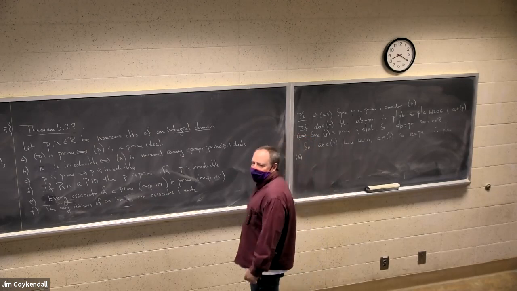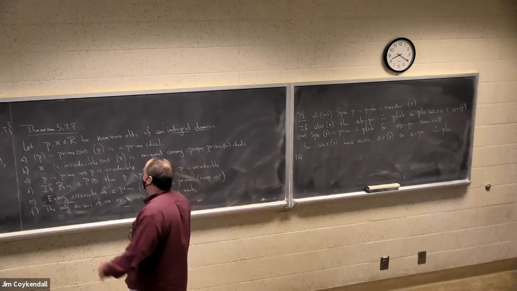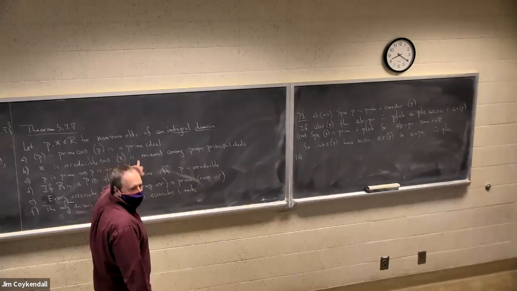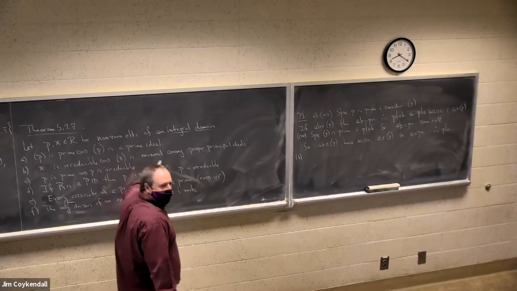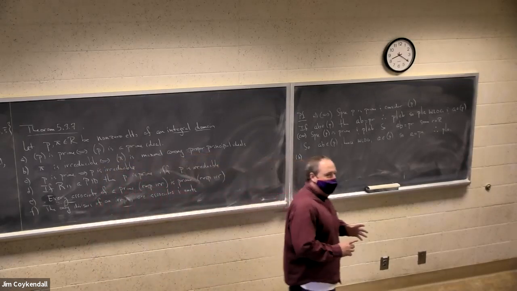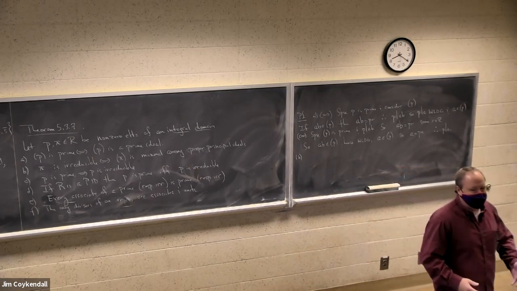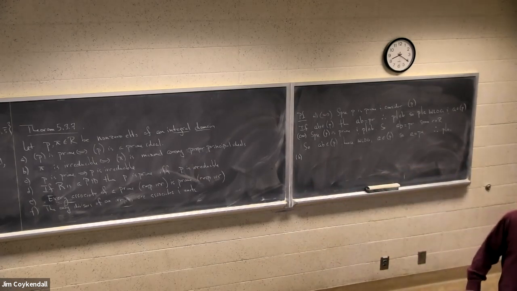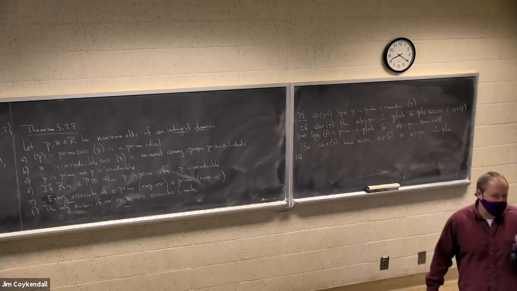I want to do this so I can clarify what I mean by this statement here, maximal among principal ideals. This does not mean that the ideal generated by pi is maximal, like it's usually not. But it is maximal among the set of all principal ideals. That is to say that any proper ideal that contains it cannot be principal.